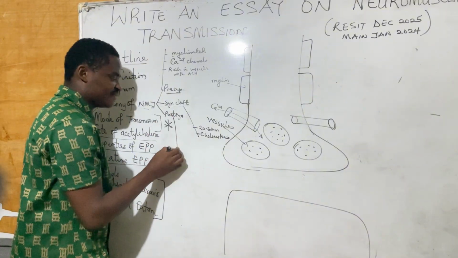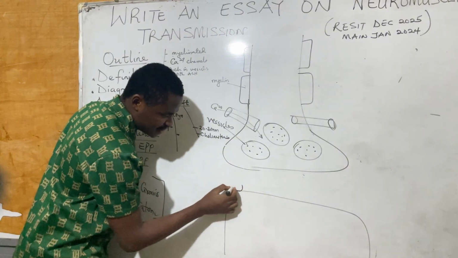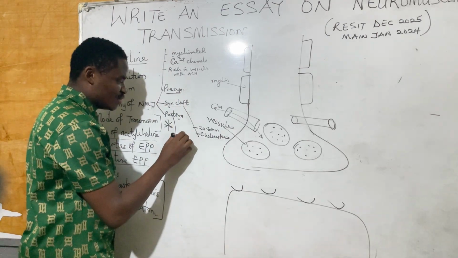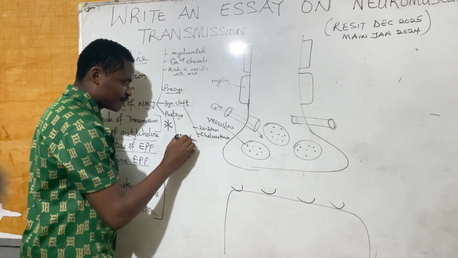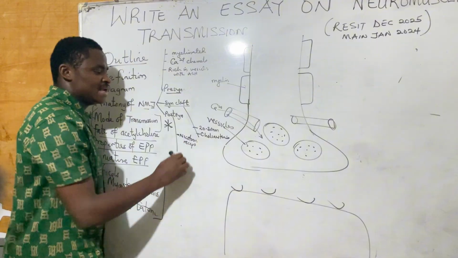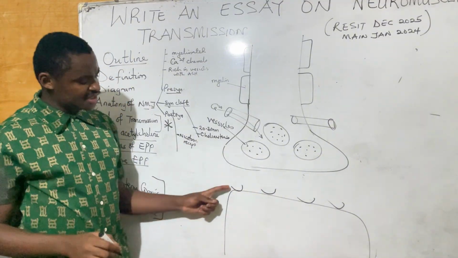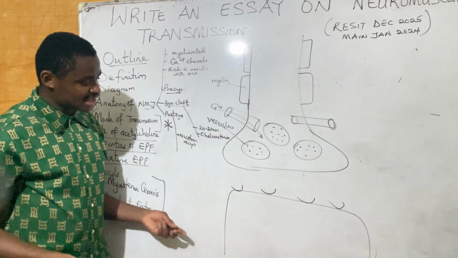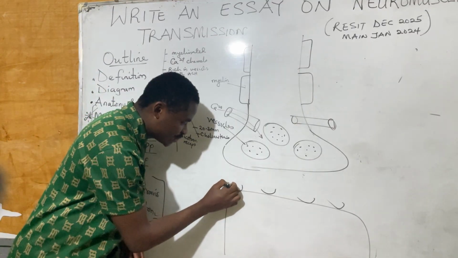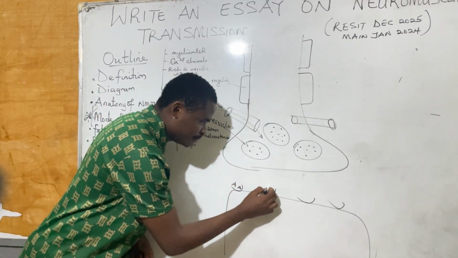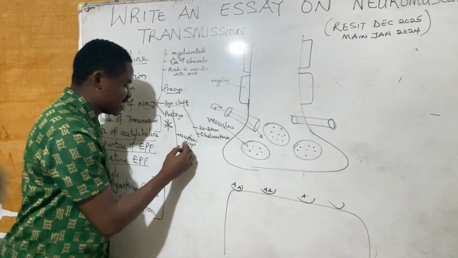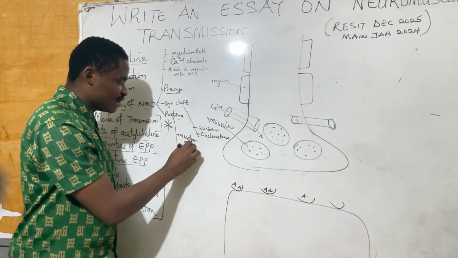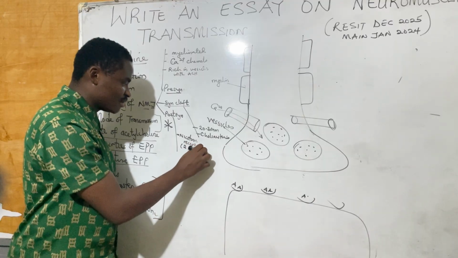Now the features we are going to see in the postsynaptic. Number one, it should have receptors like this, called nicotinic receptors. It is these nicotinic receptors where acetylcholine binds, two acetylcholine molecules for each one. So take note that nicotinic receptors are present in the postsynaptic for the binding of two molecules of acetylcholine.